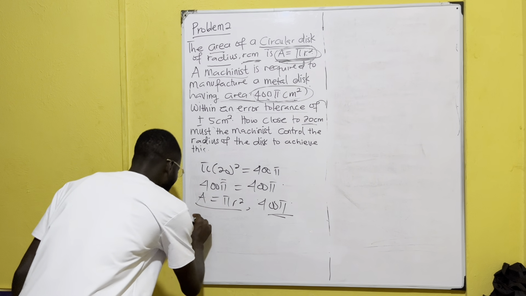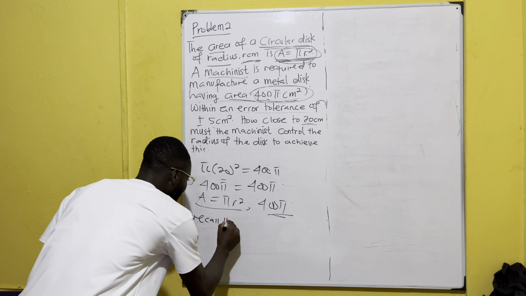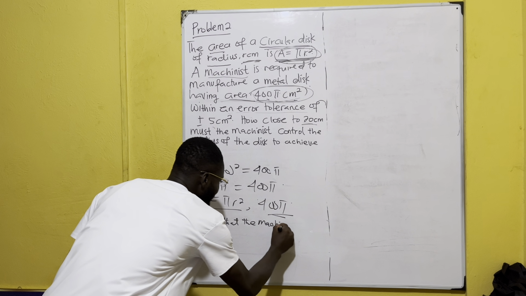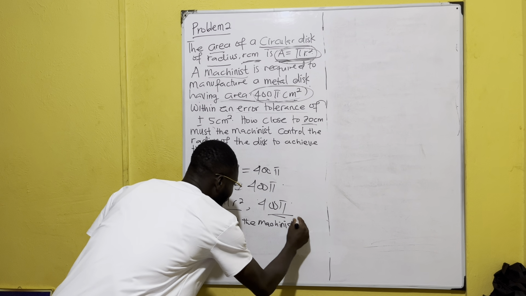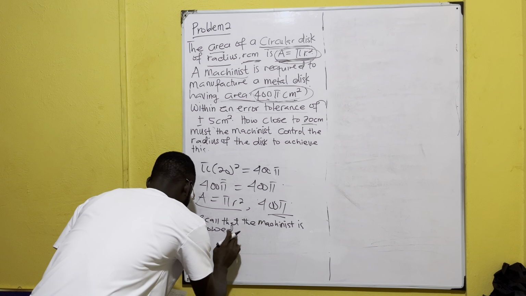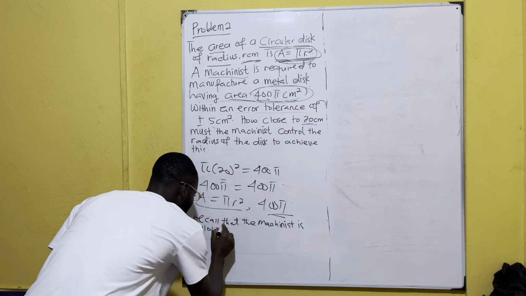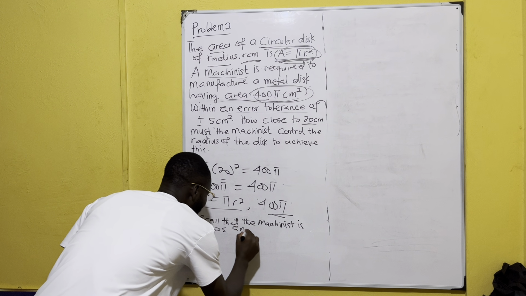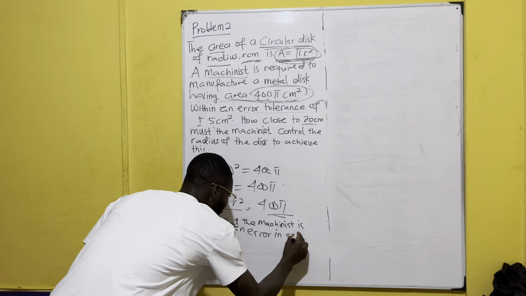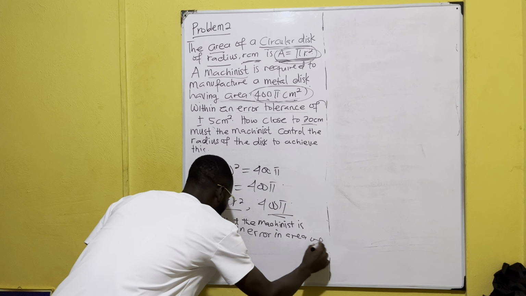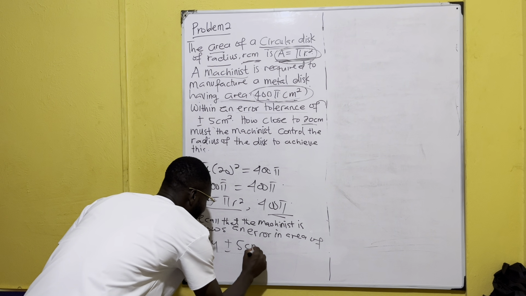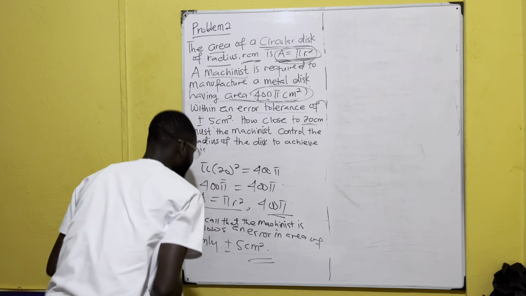So recall that the mechanic is allowed an error in area of only plus or minus 5 centimeters squared.